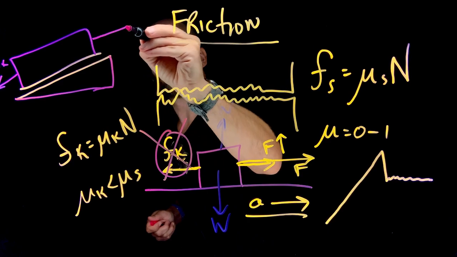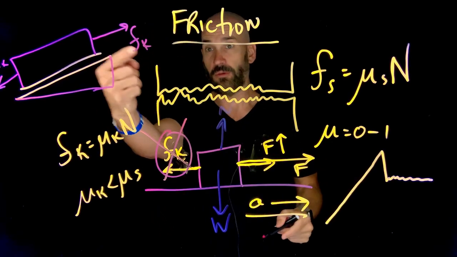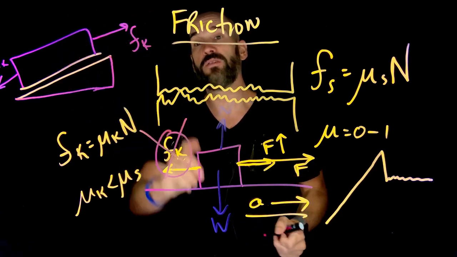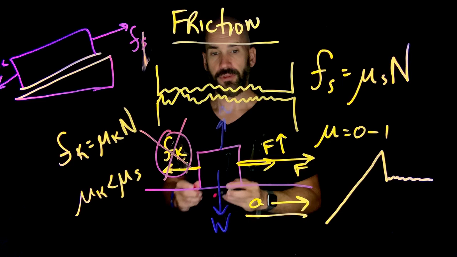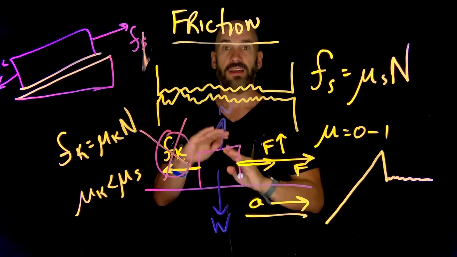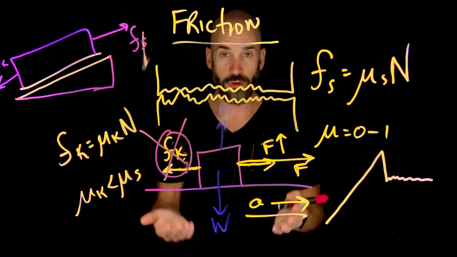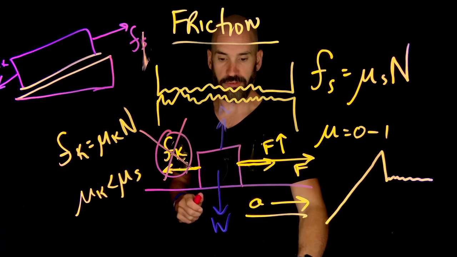There's always going to be some kinetic friction force opposing it. And if it's not moving, that kinetic frictional force will actually be static frictional force. Okay? That's what I want you to take away from this. That is the foundation that I'm laying before we move into actually solving these problems with friction.